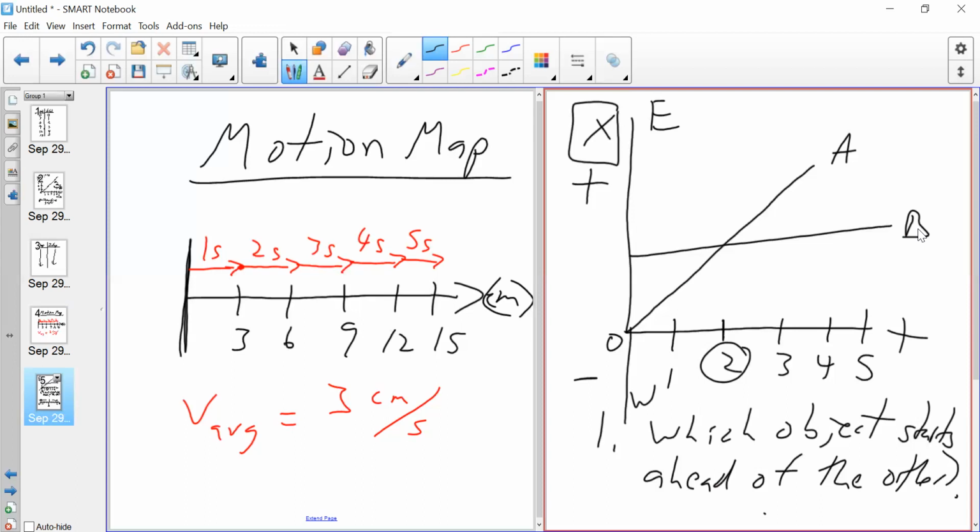So we always have to be aware of what we're looking at, what kind of data that we have, as in position versus time or force versus displacement. What kind of data is it? Is it linear? Is it nonlinear? So these are the tricks.